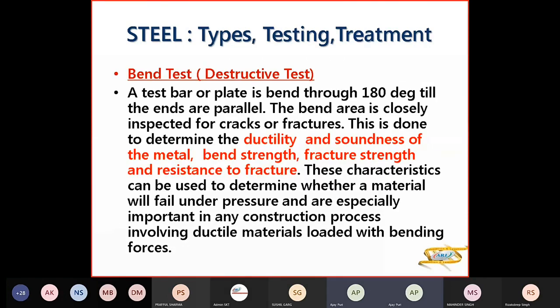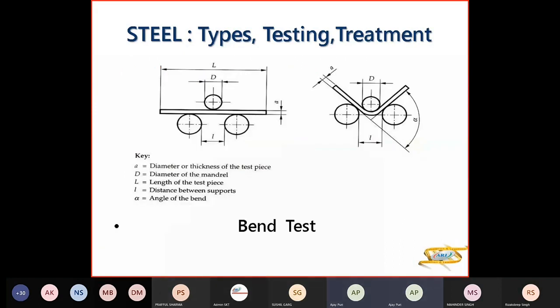The second destructive test is the bend test. Now, if this is the rod here, you have two supports here. This point, this weight here, that is the mandrel, because you are pressing the rod against this point with a load being supported by the supports.